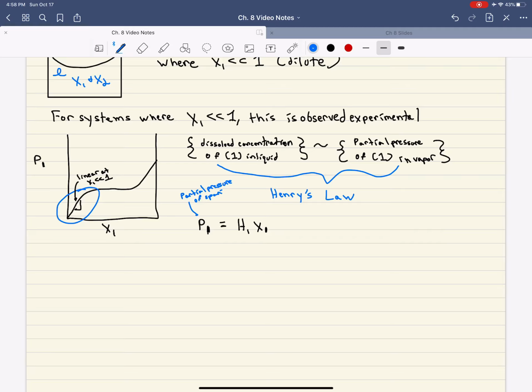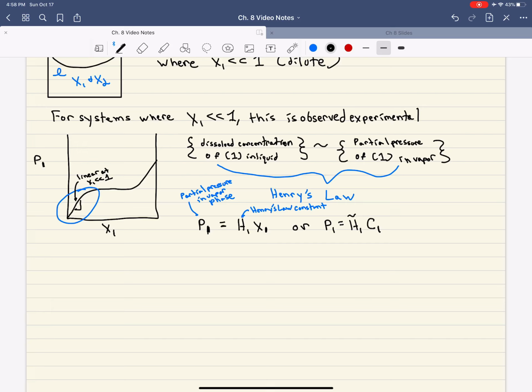Sparingly soluble species, partial pressure in vapor phase, and this is the Henry's law constant. So you could write it in terms of mole fractions, or you could write it in terms of just concentrations, like moles per liter. The only thing that would change is the units of your Henry's law constant.